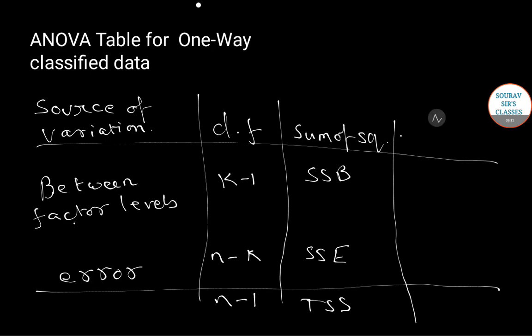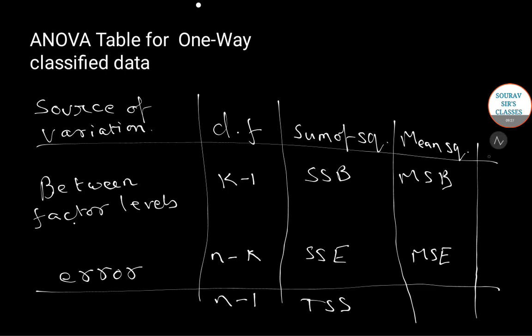Then mean square, it would be MSB, here MSE, and then F0, which would be MSB divided by MSE. So this is the Anova table for one-way classified data.